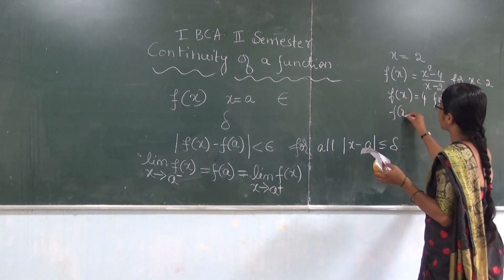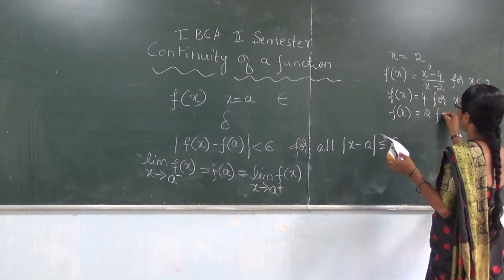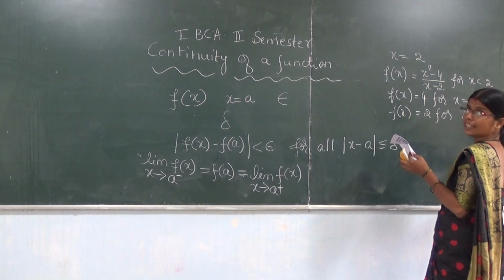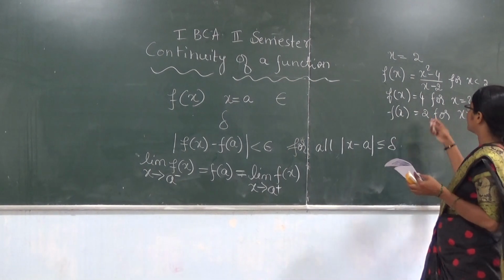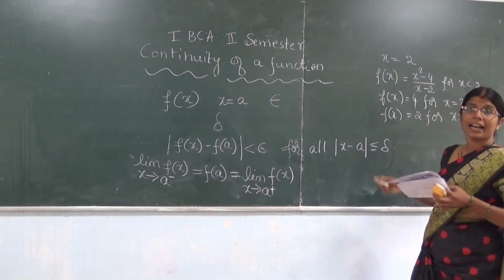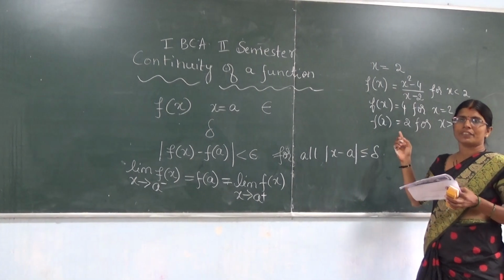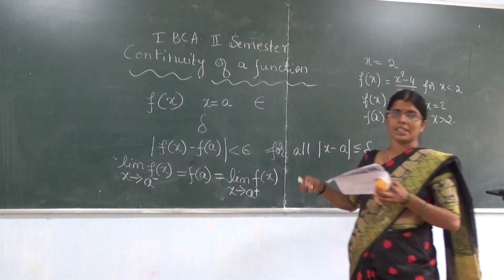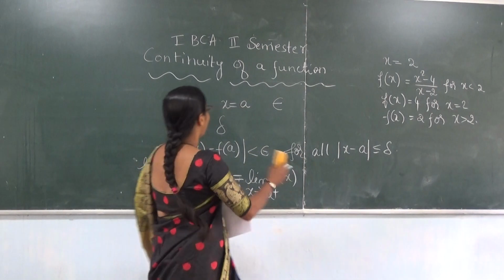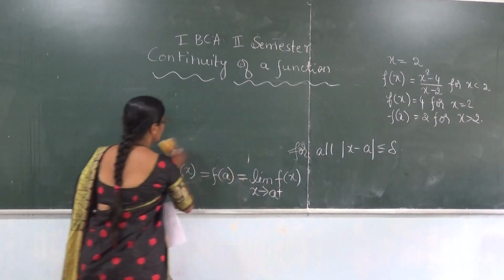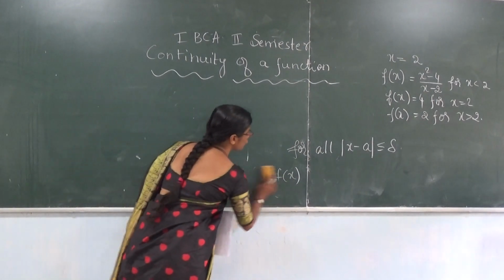F of x is equal to 2 for x greater than 2. So we have to discuss the continuity of this function at x is equal to 2. For that, first what we have to do, you consider f of 2.